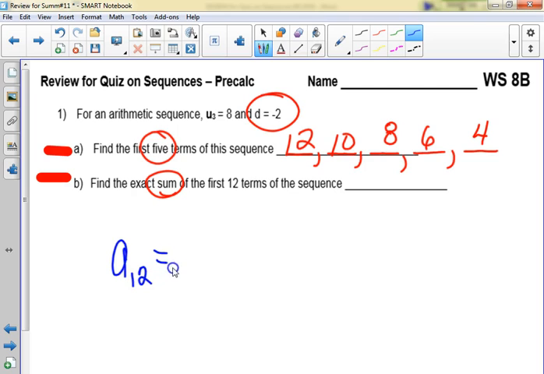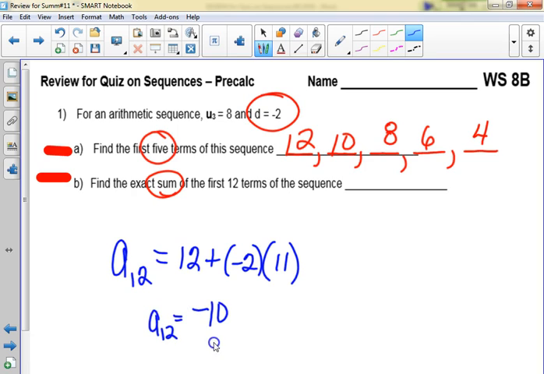How would you find the 12th term? The first term plus the difference, 11 times, 12 minus 1. -10 maybe? Anybody getting that? Okay. So does anybody know the sum formula?